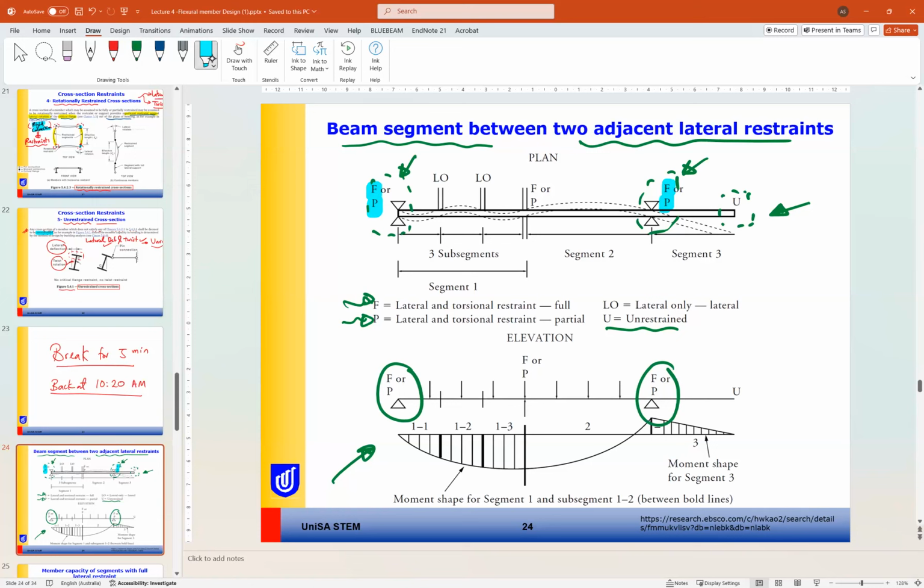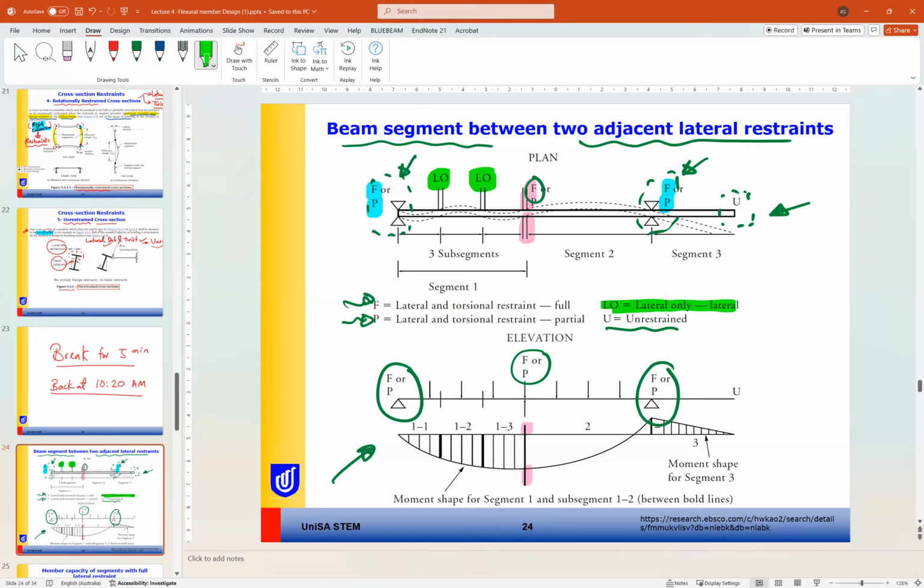Okay, here for example, at the middle, if we have purlins or secondary beams running perpendicular to this beam, we can consider this as a fully or partially supported point as well. The last case is these two. These two supports are lateral only supports because they act from one side only.